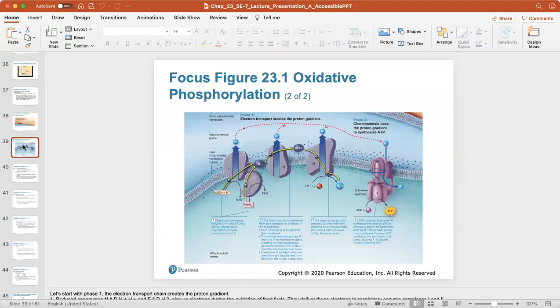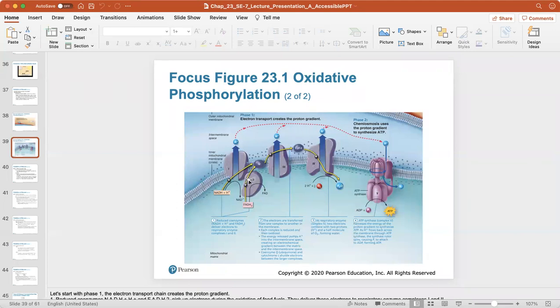And this is a great picture showing the electron transport chain and what happens. So these electron carriers, which are coming from the NADH plus H plus and the FADH2, are pumping their electrons up to form a proton gradient. So we're trying to form a gradient of all these hydrogen atoms up here in the intermembrane space.